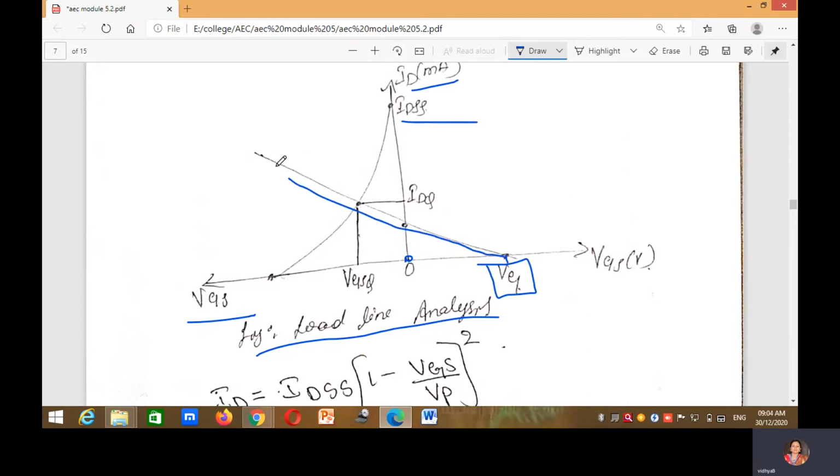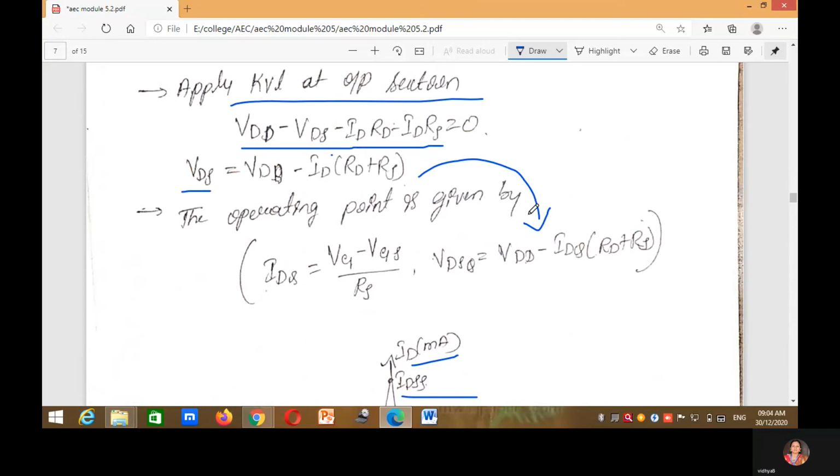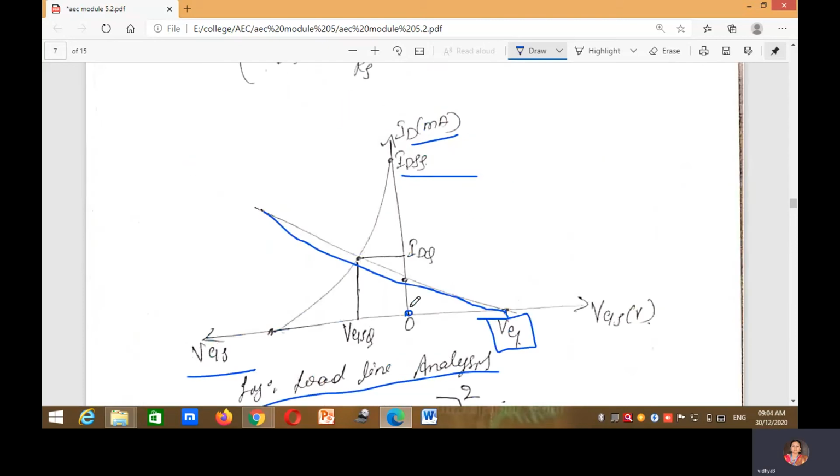So it is a straight line. When VGS is equal to 0, we got ID is equal to Vg divided by RS.